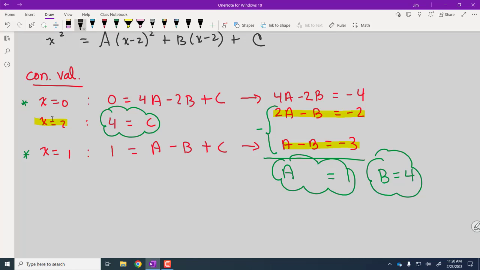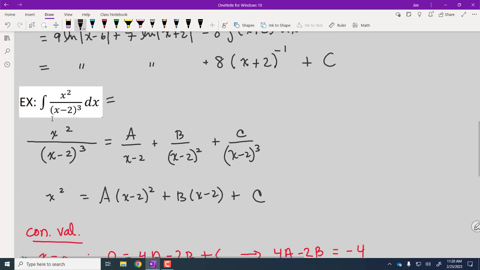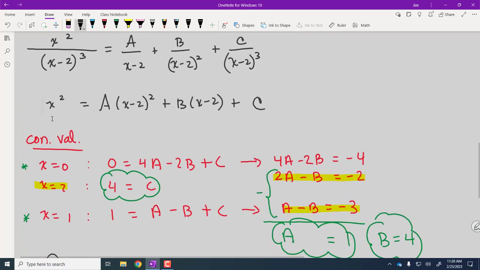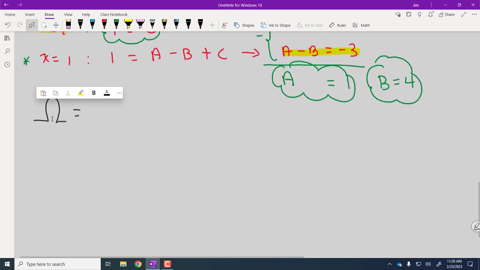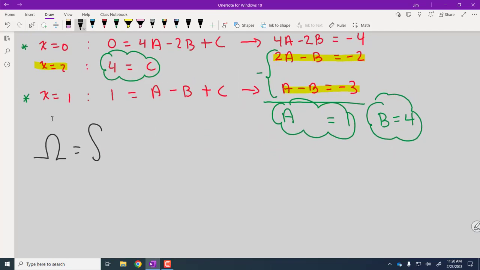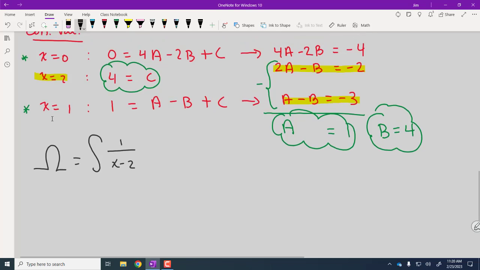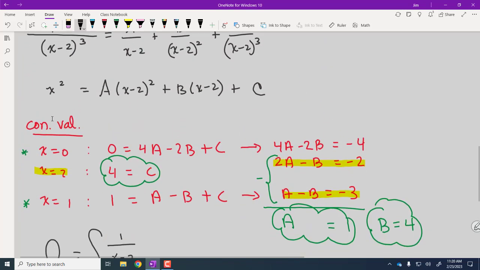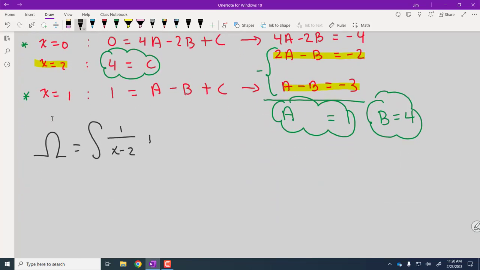Now we are poised to rewrite our original integral, whatever letter you want to call it. Let's just say that it's equal to an omega. So it's going to be A over x minus 2, and A is 1, so 1 over x minus 2. B over x minus 2 squared.